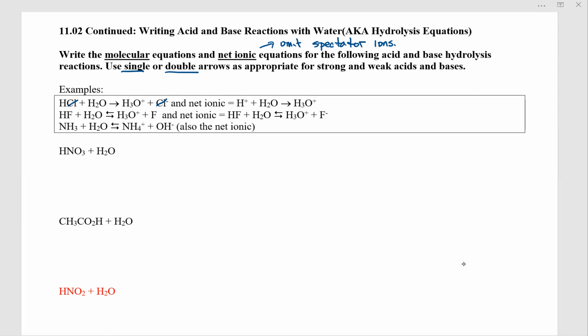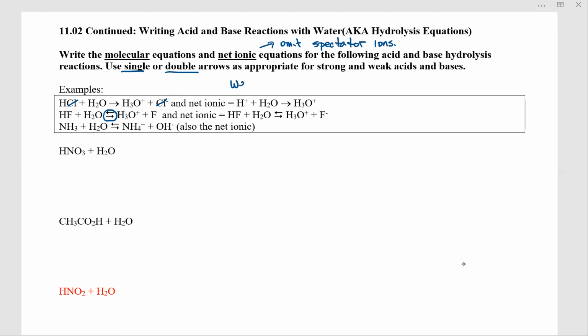Our next one is hydrofluoric acid. Because that is a weak acid, we are going to use the arrow showing that the reaction is going significantly forward and in reverse. In this case, HF stays a molecule because it is a weak acid.